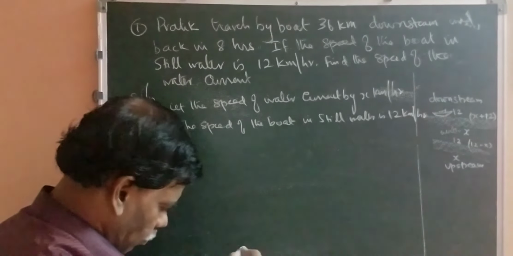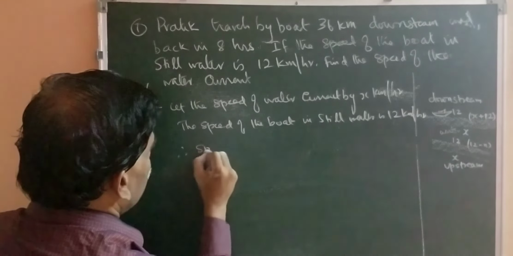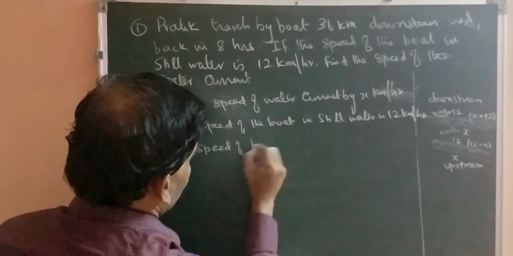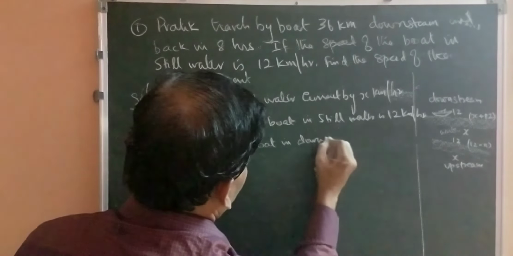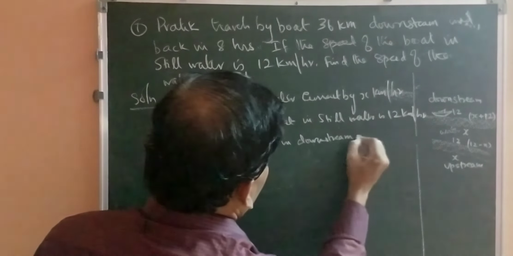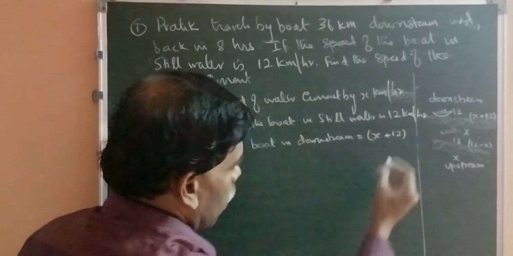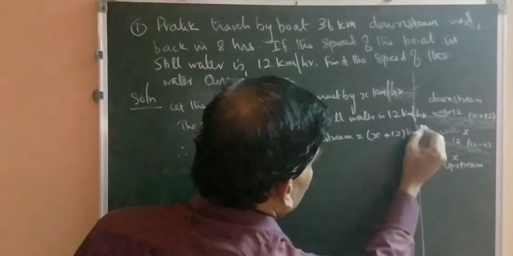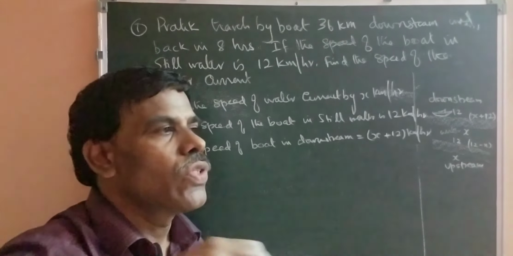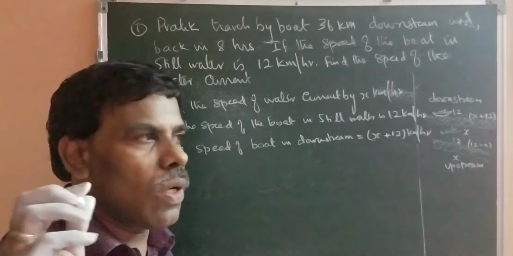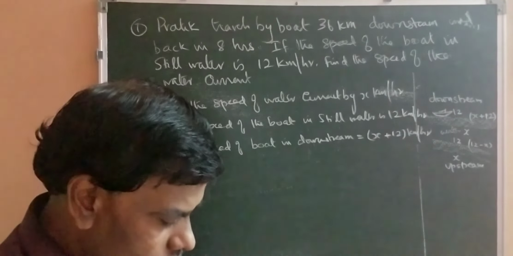Therefore, speed of boat in downstream equals x plus 12 kilometer per hour. Correct? Because if you are going downstream, the speed will be the speed of the boat plus the speed of the water current.